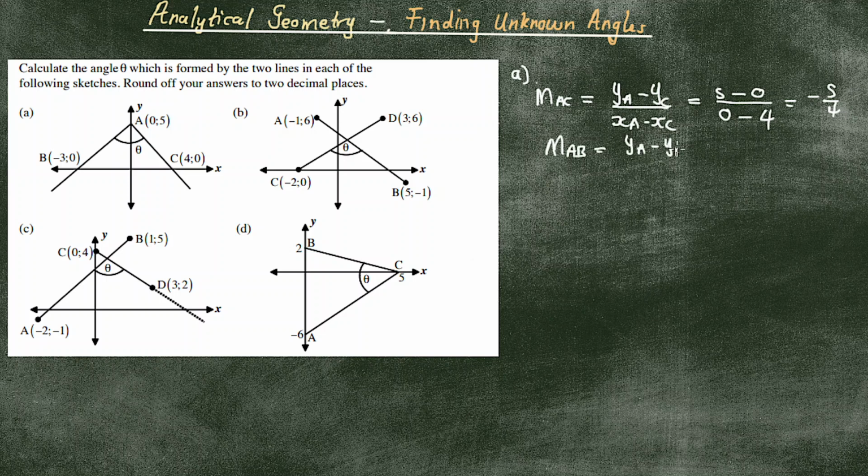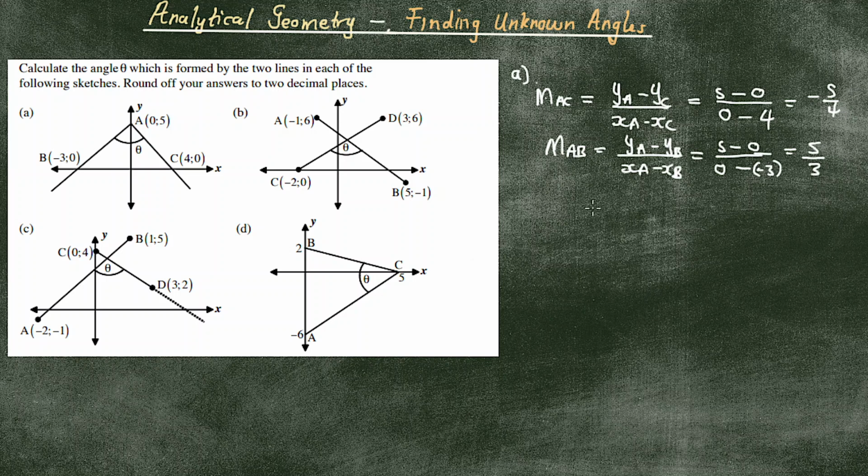YA minus YB over XA minus XB. YA, that's 5, minus YB, that's 0, over XA, that's 0, minus XB, that's minus 3, so 5 over 3. Okay, that's 5 over 3.